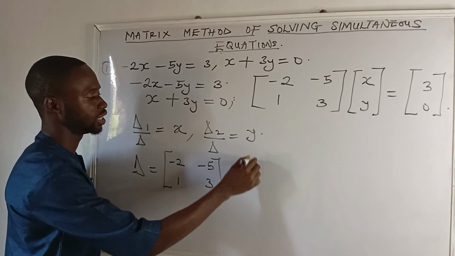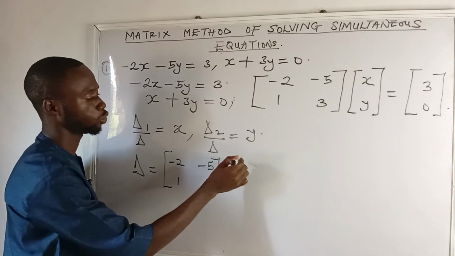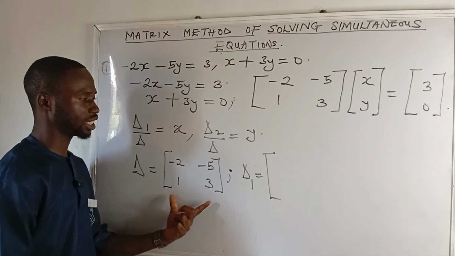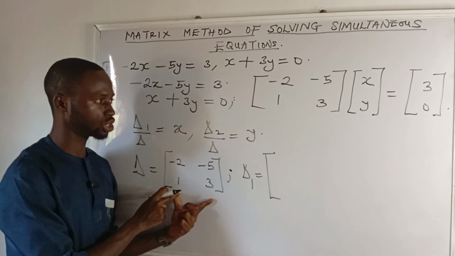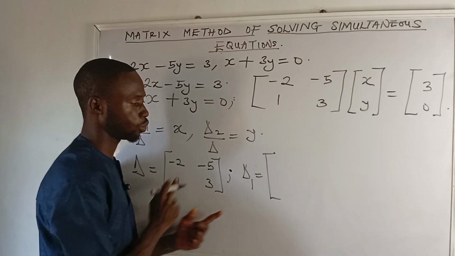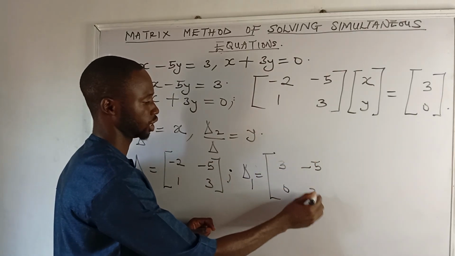Then delta 1. Let's check delta 1. What would delta 1 be? Look at this. Instead of writing this column, I'm going to be writing the answer. So I'm replacing the first column for delta 1 by what? 3 and 0. Then I'll repeat the last one, minus 5 and 3.